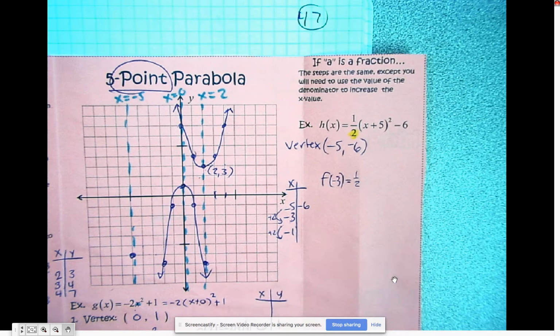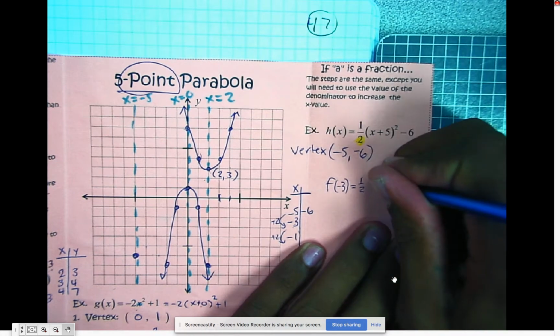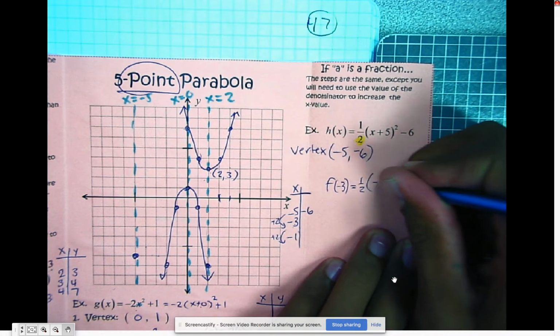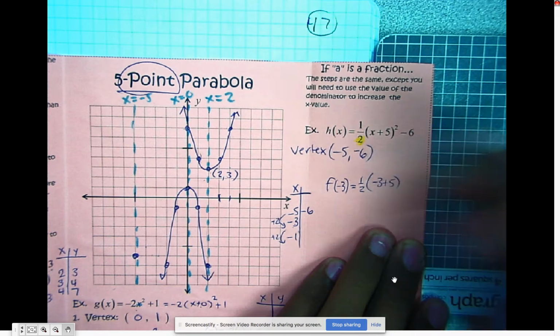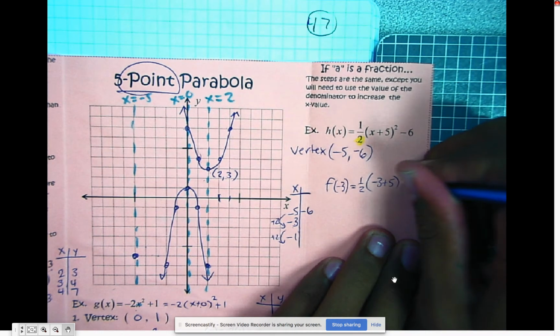Let me put something under this so I don't punch a hole into it. All right, so now 1/2 times (-3 plus 5) squared, minus 6.